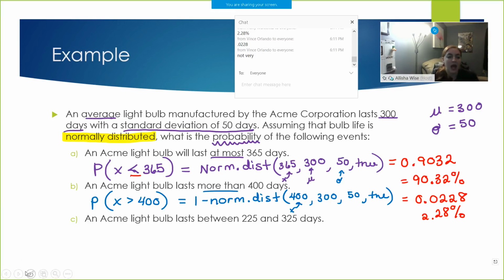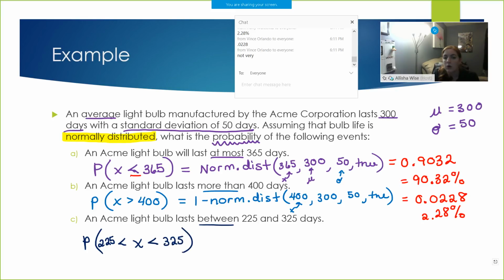Let's keep going. So in the next one, we want to find the probability that a light bulb lasts between 225 and 325 days. So that between means between. So let's write our probability statement. Our X value is between 225 and 325.